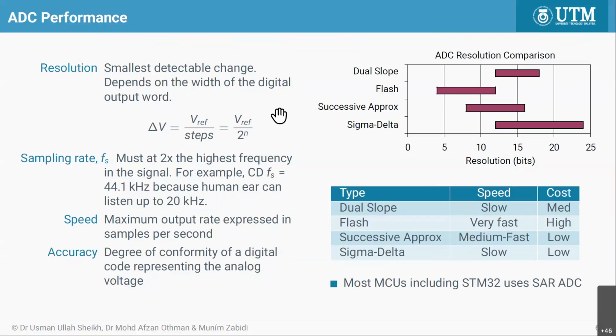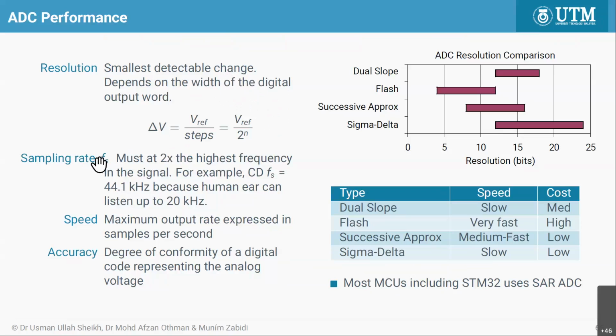That means you can resolve 1 out of 1024 different voltages. If you have only 8 bits, then you have 256 different voltages that the system can differentiate. So higher resolution is more accurate, as it will represent the input voltage more accurately.